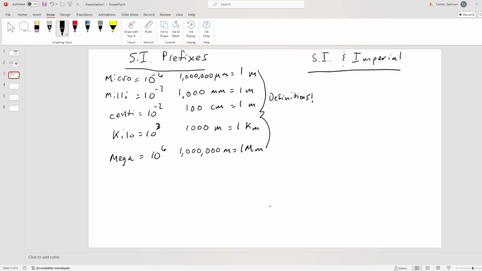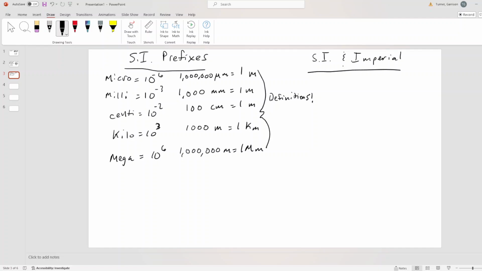These are by definition. The conversion between SI and Imperial is measured. And so what that means is somebody literally took a meter stick and then measured it with a ruler in feet and then eventually had to estimate out to some precision exactly how many feet are in a meter.